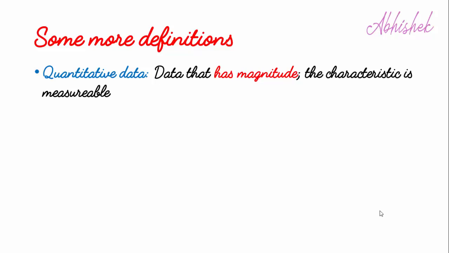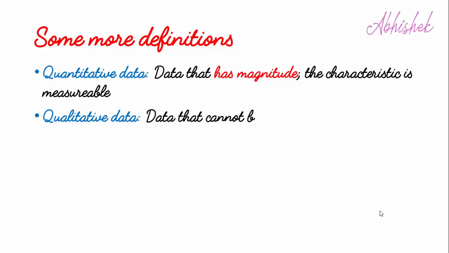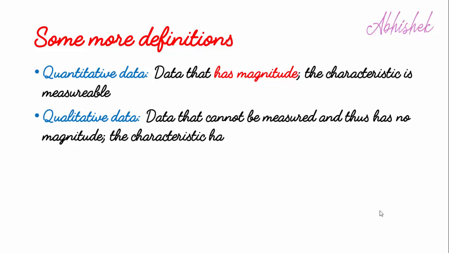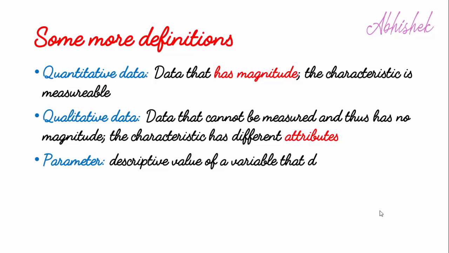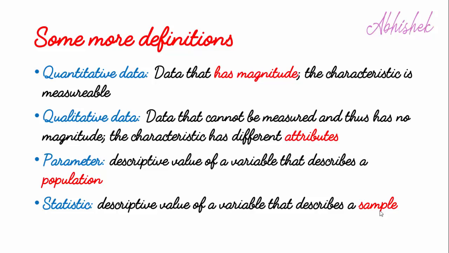Okay, so the point I'm trying to make is it is a measurable data set, that is quantitative data, and therefore a corollary to quantitative data is qualitative data, and the variable in this case cannot be measured by a normal scale. It has different attributes, and a parameter would be the descriptive value that describes the population, and a sample would be described using a statistic.